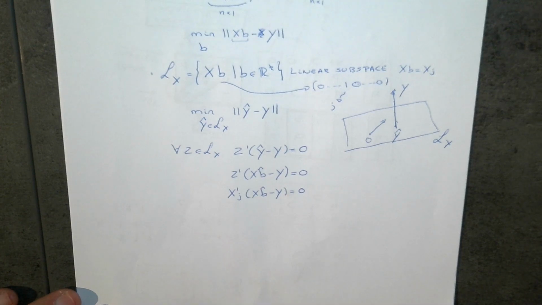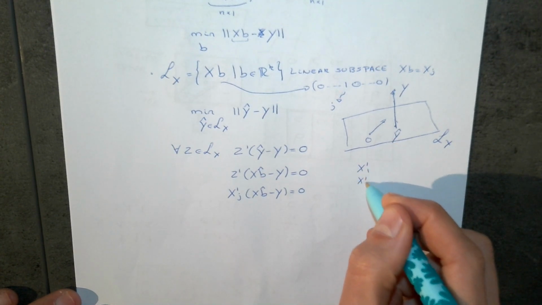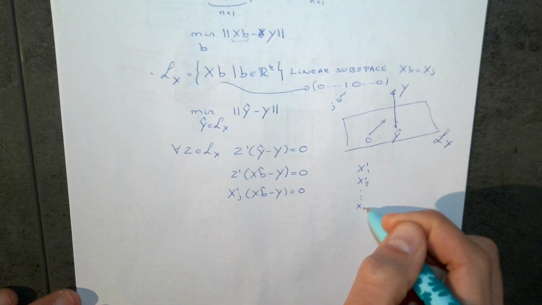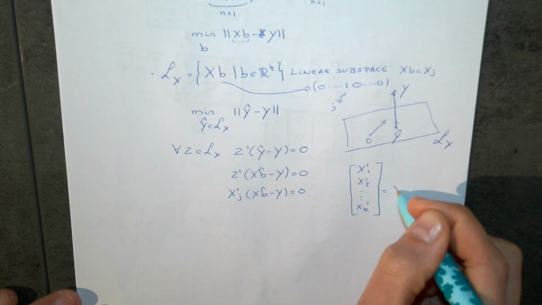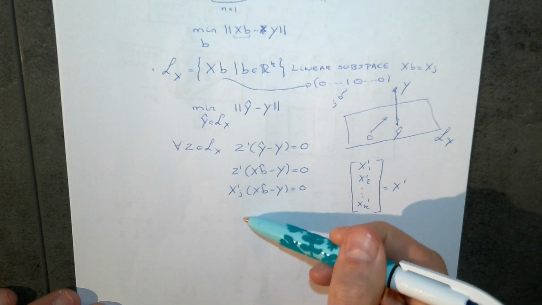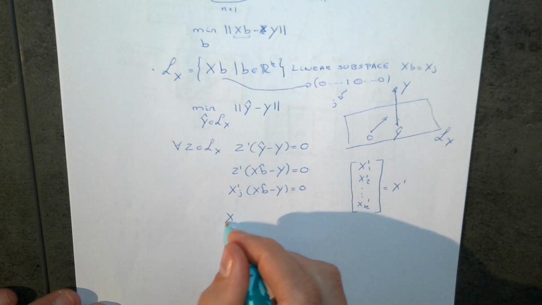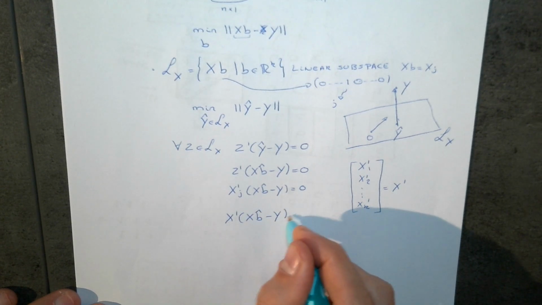Okay. And if you take the transpose of x1, the transpose of x2 and so on, you can do this for all k columns of x. You get the transpose of the matrix x, so we stack all these equalities on top of each other, and what we get is that x prime (x b hat minus y) should be equal to 0.